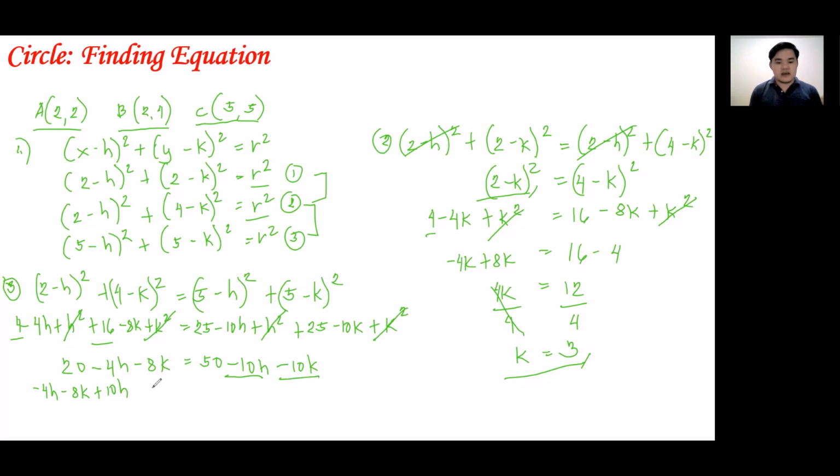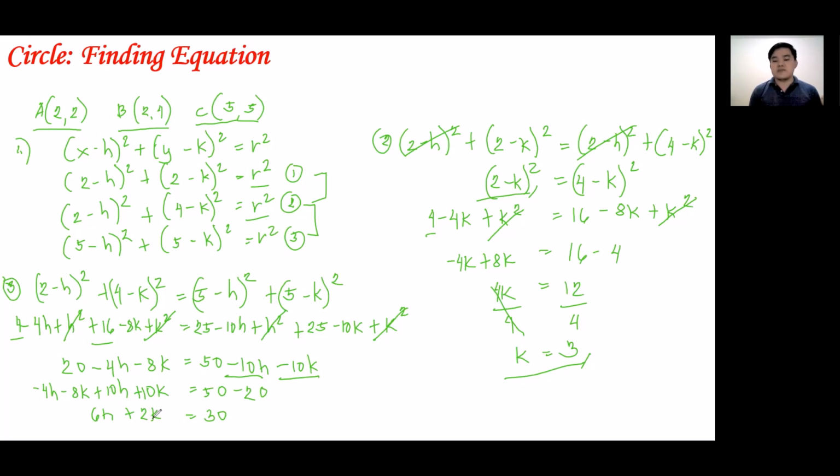Then this one is positive 10k is equal to 50 minus this one is 20, so therefore that is negative 20. Okay, so combining like terms, so this is now 6h and then plus 2k is equal to, this is 30. Okay, now again, we have already our value of k here, so therefore we're going to what?